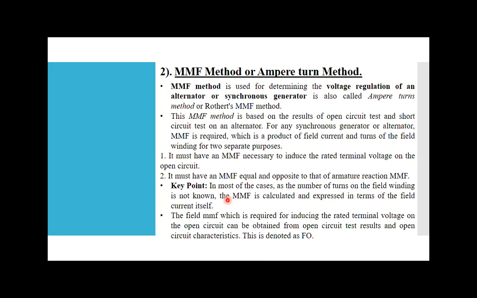So I'm going to the shop, I'm asking, give me a 1 HP motor, which has a single phase supply. HP is the rating of the motor. For an alternator, which rating do we require?